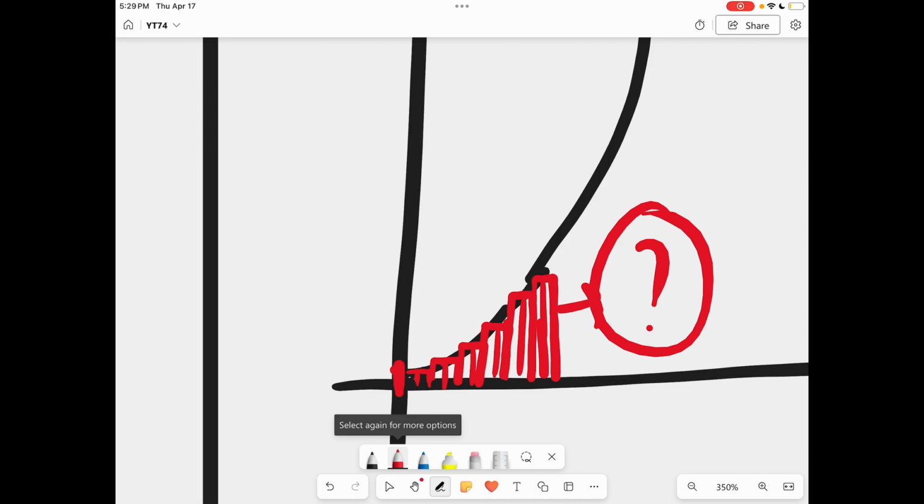Now, what would happen if we have those rectangles equal to infinity and have the heights of them perfectly match the height of x squared? So we can basically just color in this graph. Now, as you can see, since we have the full graph colored, you will get a perfect area.